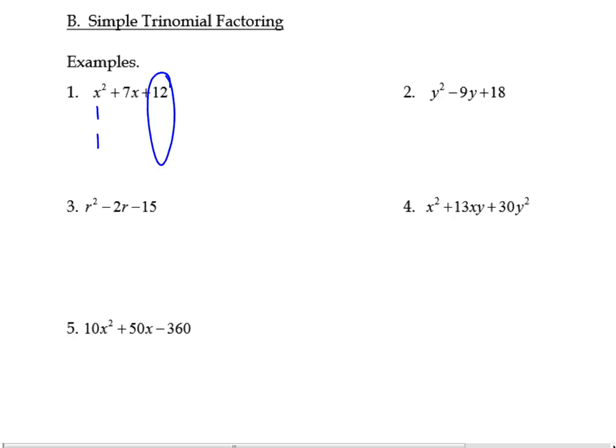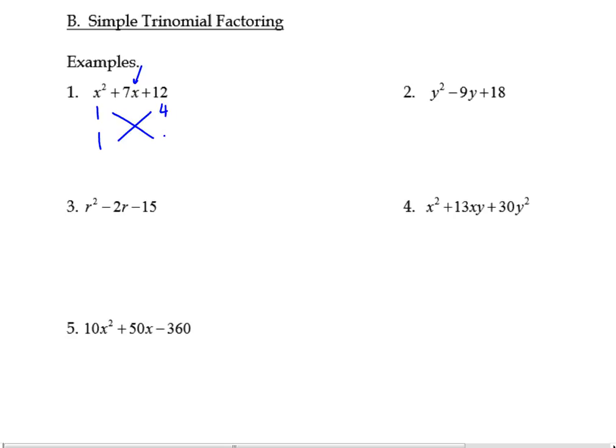But here's the catch. The catch is that these diagonals, when multiplied together, when we sum them, they have to add to the middle term. Add to 7. Okay? So a simple trinomial is easy because your two numbers you're multiplying to will also add to the middle term. So what two numbers multiply to 12 but add to 7?